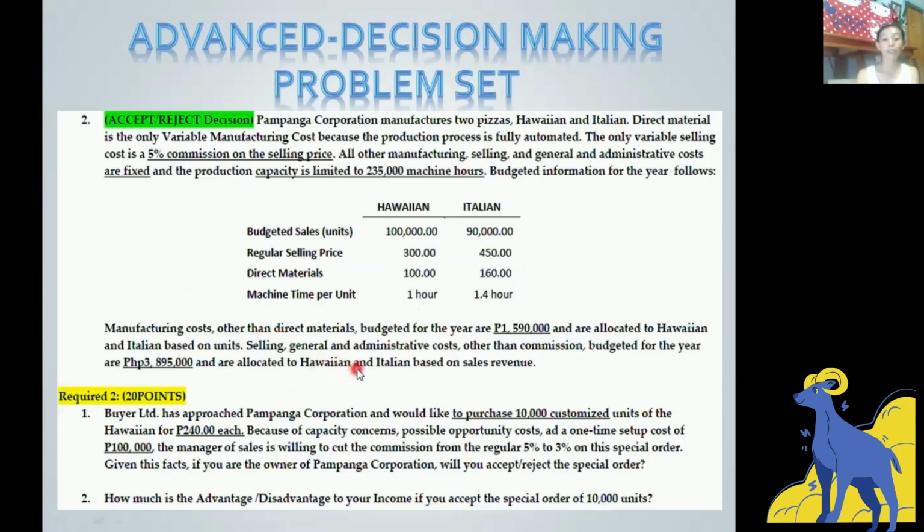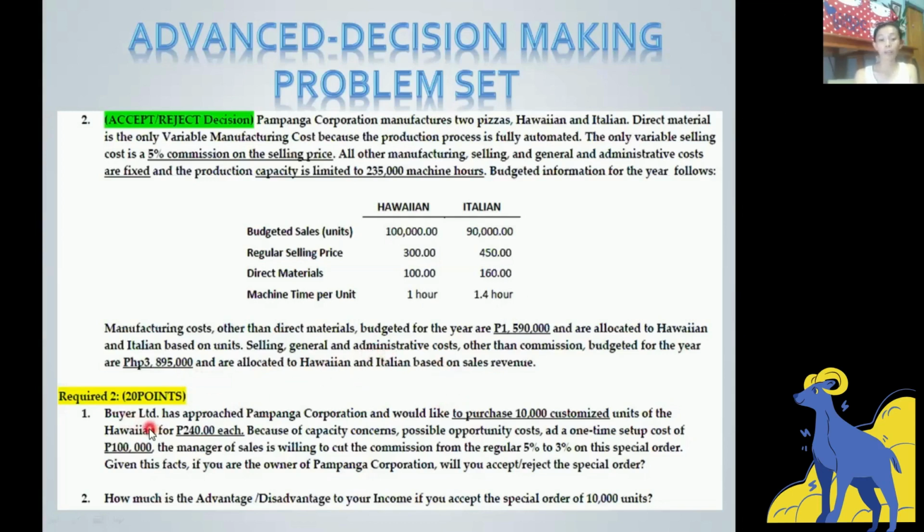Manufacturing costs other than direct materials budgeted for the year are 1,590,000 and are allocated to Hawaiian and Italian based on units. So selling general administrative costs other than commission budgeted for the year is 3,895,000 and are allocated to Hawaiian and Italian based on sales revenue.